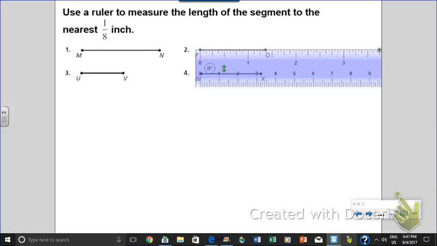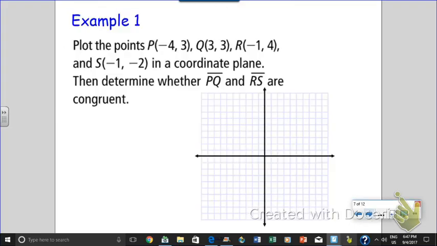So this would be 1 3/8 inches. And that's how we'll measure in inches. You can try and look at the other 2 examples if you'd like.